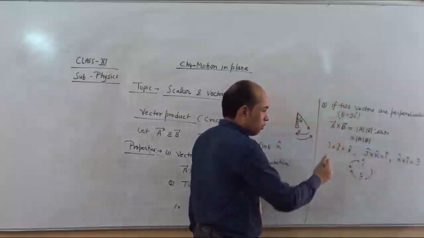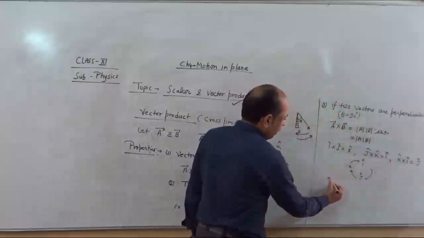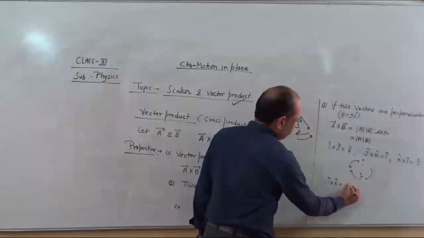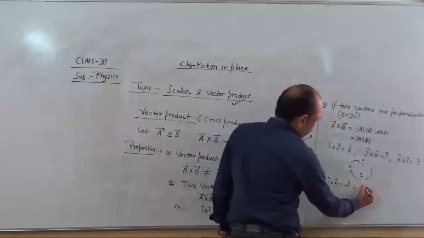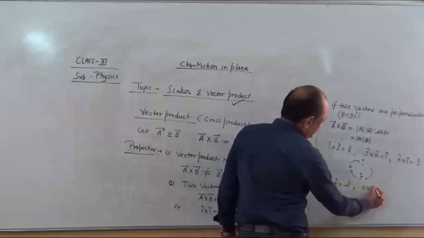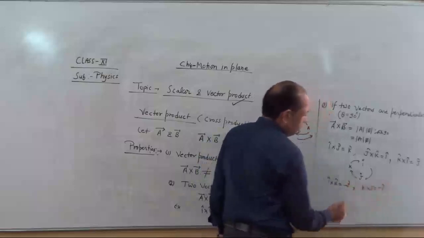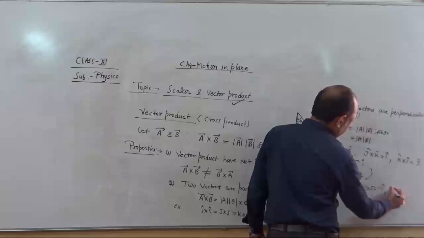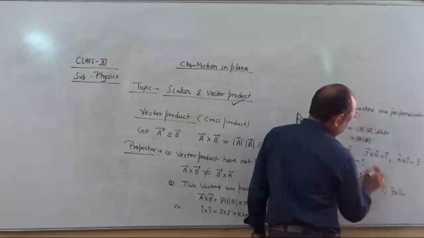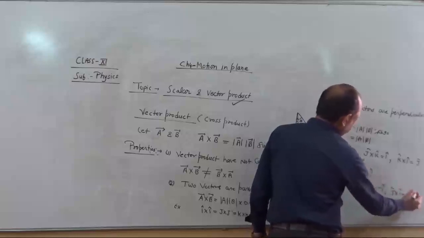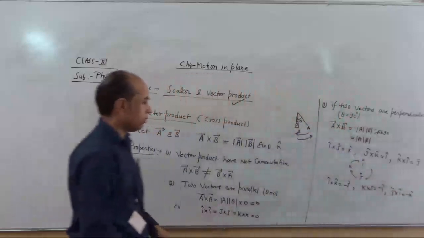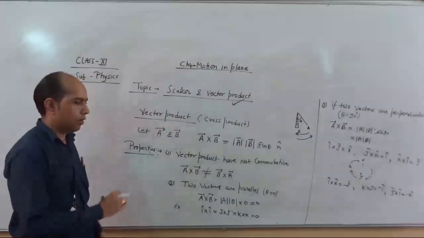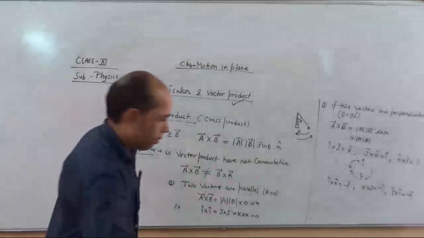If we take anti-clockwise, then the sign is opposite: I into K is minus J, K into J is minus I, and J into I equals minus K. So always use clockwise and anti-clockwise whenever we multiply.